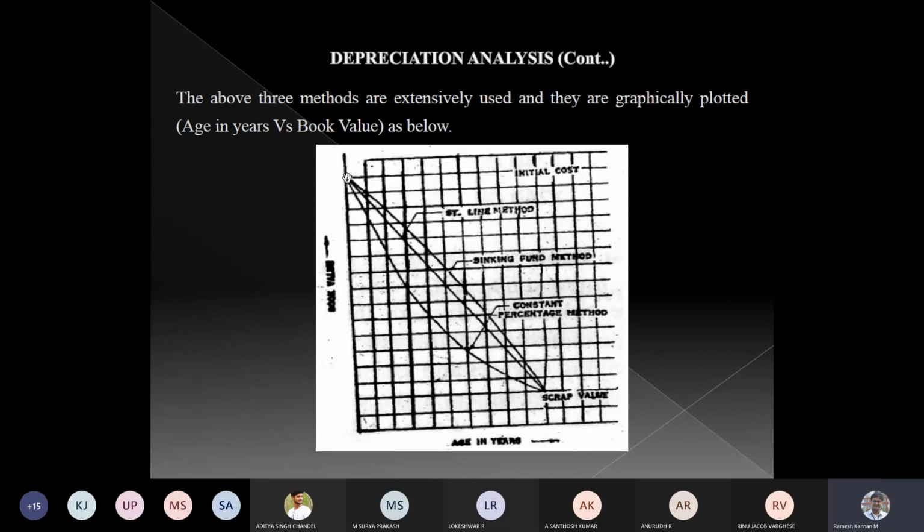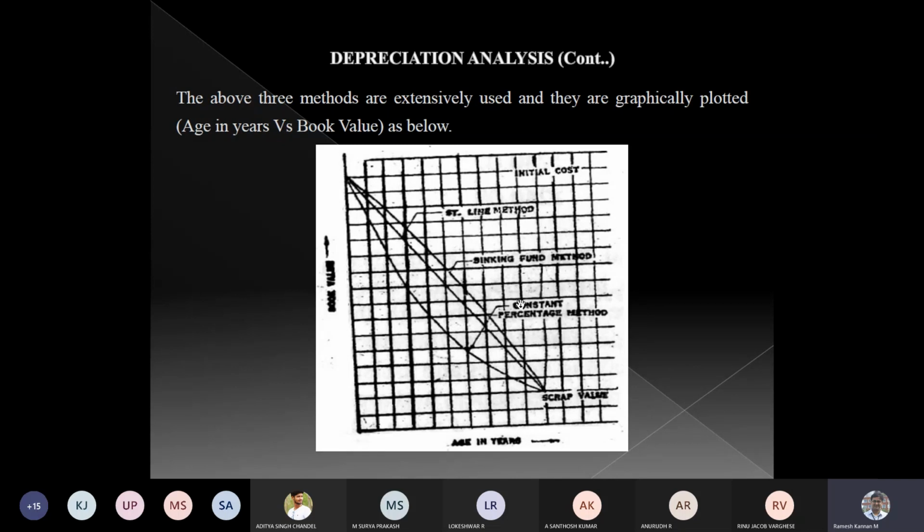In the constant percentage method, initially the depreciation is pretty much lesser, so the book value is kind of a sloping curve, and finally it reaches the scrap value. But the sinking fund, on the other hand, is just like an incremental curve, and finally it ends up in the scrap value. So these three are very, very important. Probably you can take a look at that in greater detail.